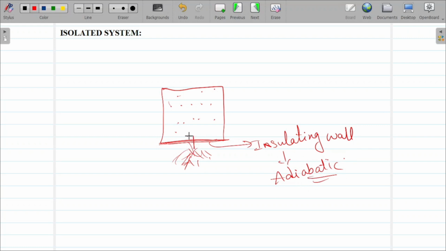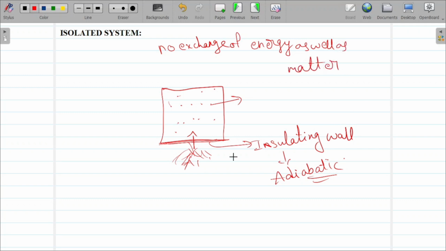It will not allow the heat energy inside it, as well as no matter will come out. That means here there is no exchange of energy as well as matter. Okay, that will be called an isolated system.